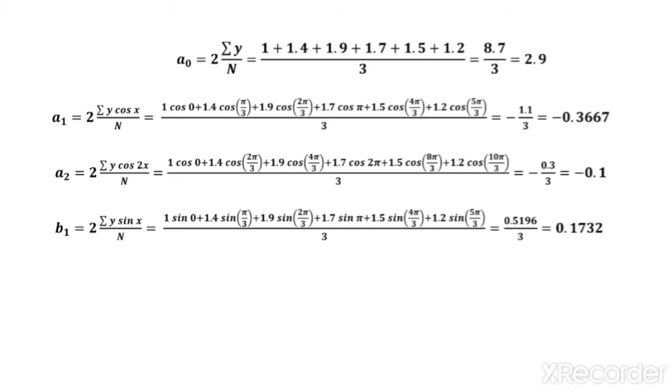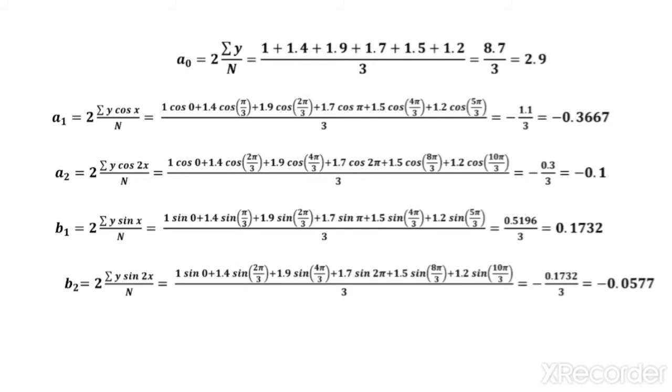And for the b1 value, do the calculation using summation y sin x by n. So here you need to calculate sine of all x values. Replace each x value, take the sine of that value and multiply with all y values. Then sum those y sin x values. Then b2. b2 is 2 summation y sin 2x by n. Put all values of x.